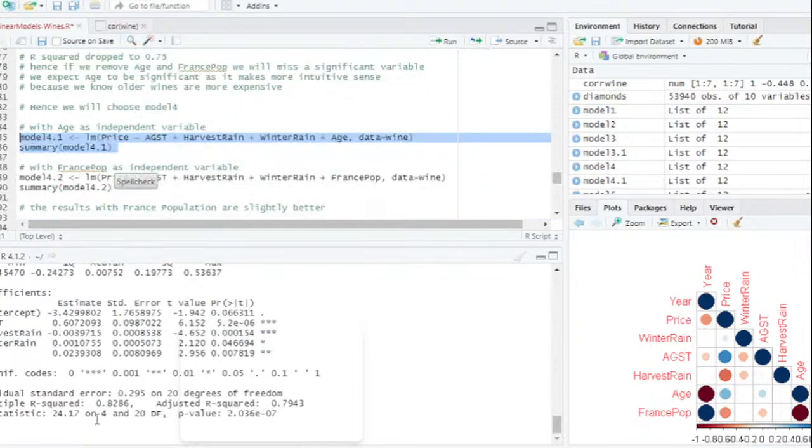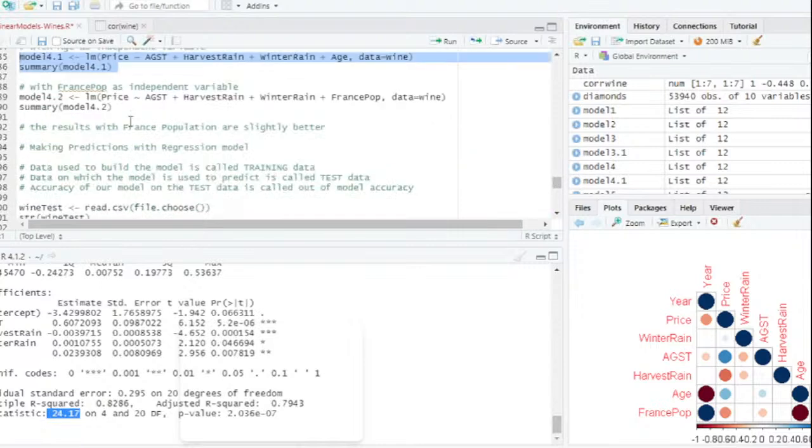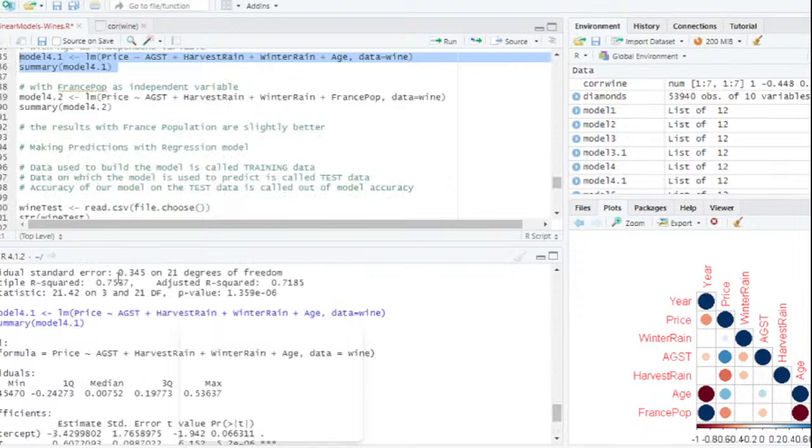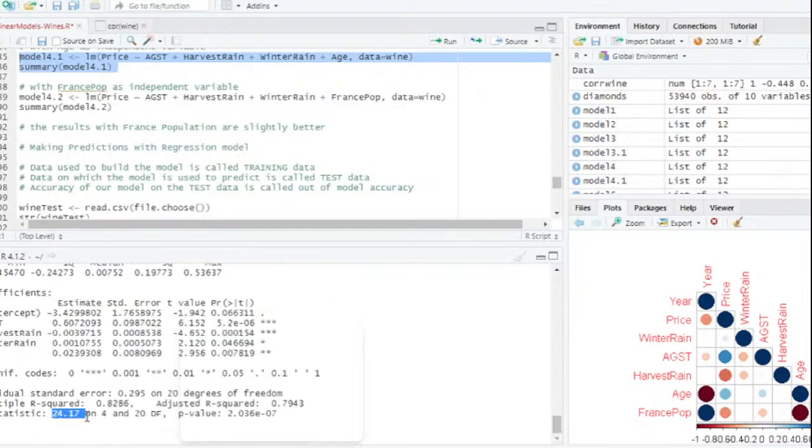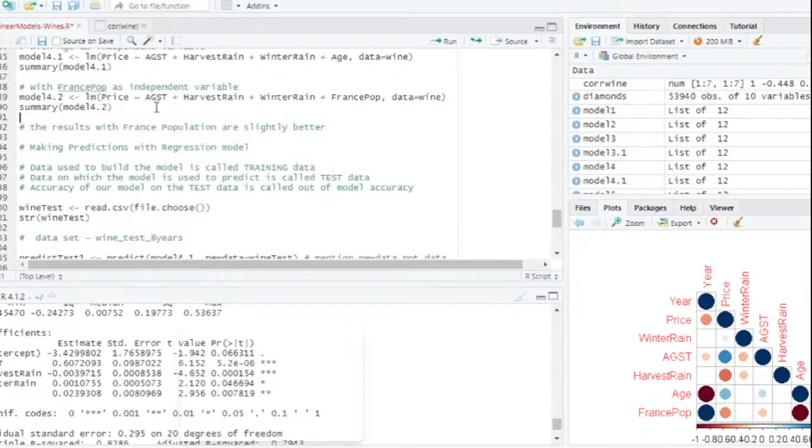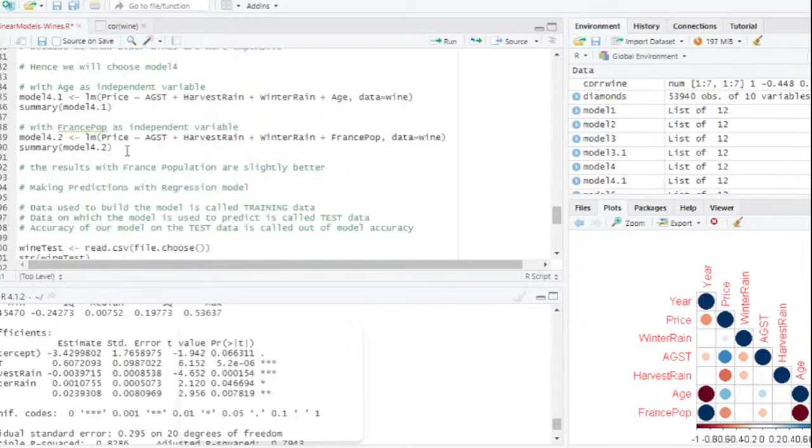And notice it has the maximum F statistic also, right? If I compare it with other models, it has a better F statistic also. All these are indicators that we are going to go with a model which has age in it. Okay.